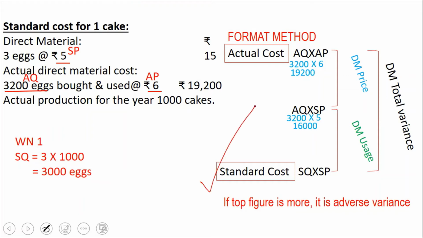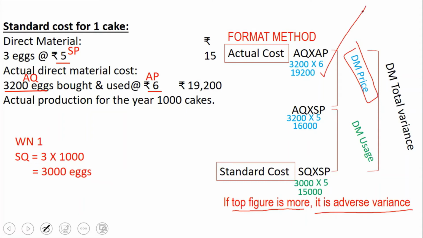Now coming to the standard cost, it is SQ into SP. SQ is 3,000 and SP is 5. Substituting those figures, we have 3,000 into 5, giving an answer of 15,000 rupees. Now we know that if the top figure is more, it is adverse variance. So here we have direct material price variance, 19,200 minus 16,000.